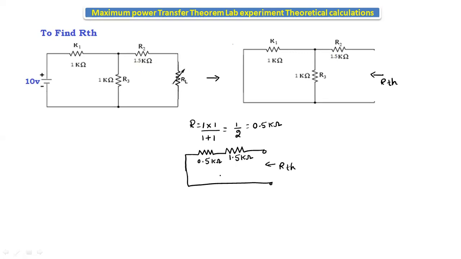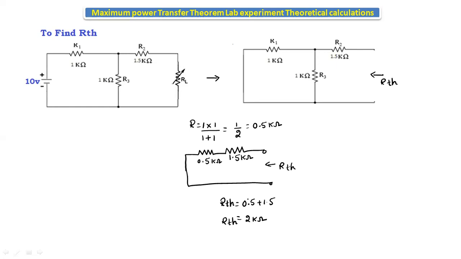If you see the circuit here, these two resistors are connected in series. So from this we can write that RTH is equal to 0.5 plus 1.5, that is equal to 2 kilo ohm. Okay, so the RTH value for the given circuit is 2 kilo ohm.